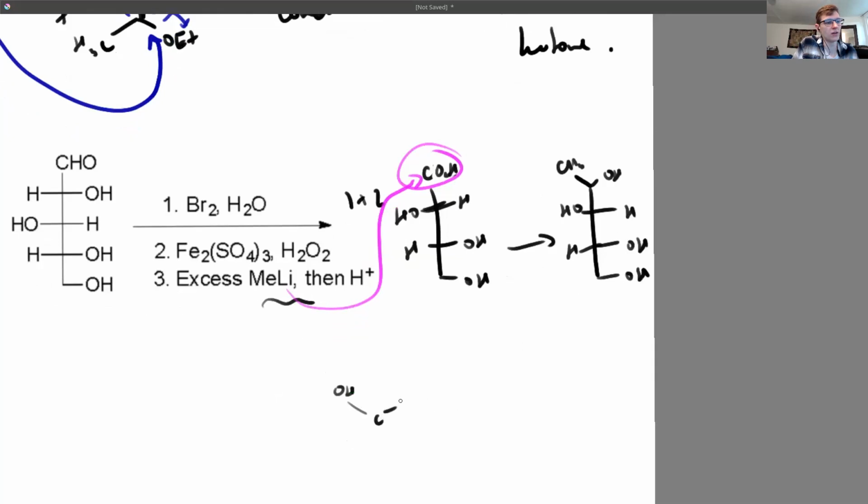So in a regular Ruff degradation, the evolution of the carbon dioxide gas is to take off that top carbon? Is there something that precipitates that we didn't talk about? Because when we talked about the Ruff degradation, obviously that third step with the methyl lithium wasn't part of that.